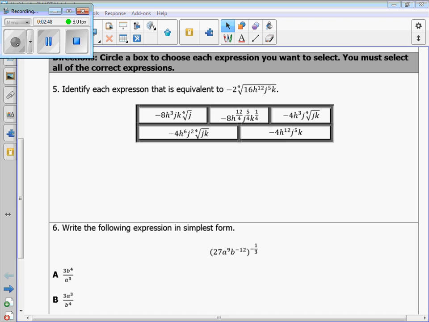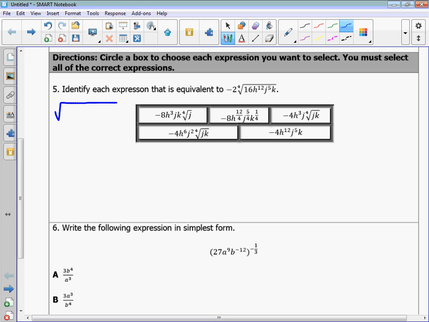We need to simplify this. So we break down 16, I'm just going to write it off to the side. Break it down with factor trees: 2 times 8, 2 times 4, 2 times 2. So 16 is 2 times 2 times 2 times 2.